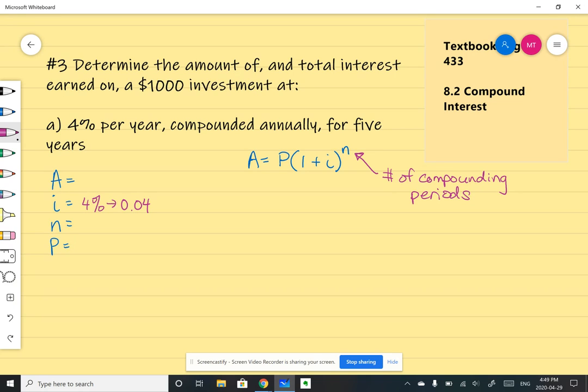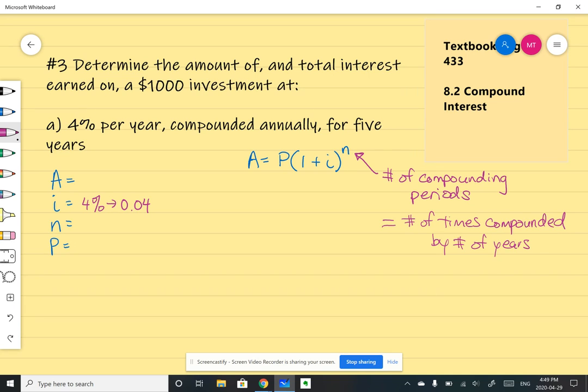N, we basically calculate by the number of times that it's compounded by the number of years. So let me just jot that down: number of times compounded by the number of years. And you just multiply those two numbers.